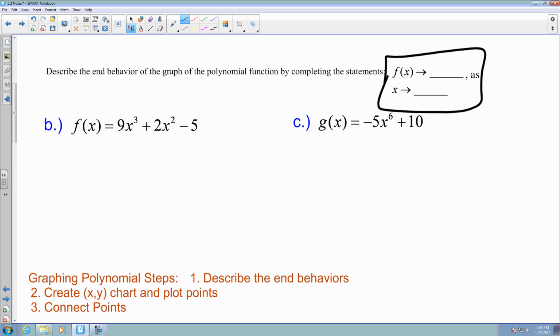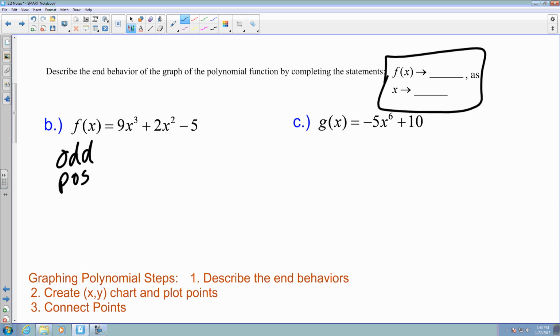So for f of x equaling 9x cubed plus 2x squared minus 5, I know that my degree is odd and my leading coefficient is positive.